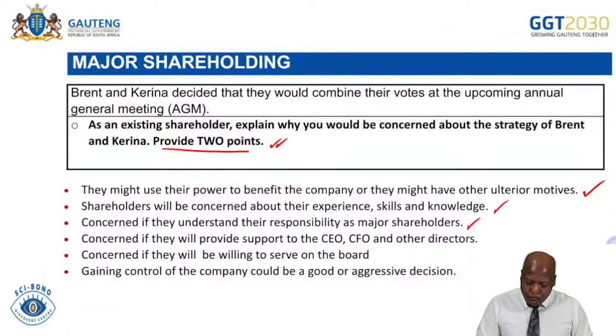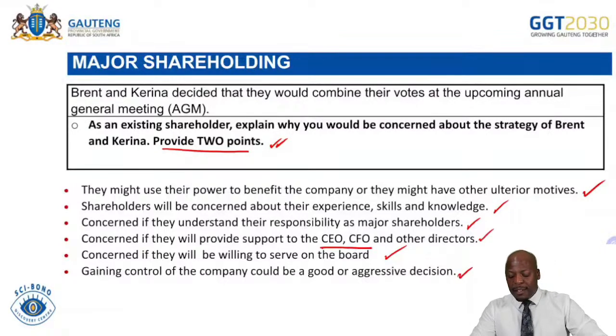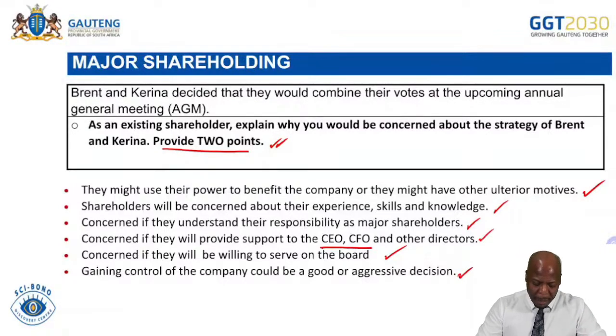You'll be concerned if they will provide support to the CEO, the CFO, and other directors. You'll be concerned if they'll be willing to serve on the board. And lastly, gaining control of the company could be a good or aggressive decision. If it is an aggressive decision, therefore they seek to have much control of the company, that may not be good in the long run.